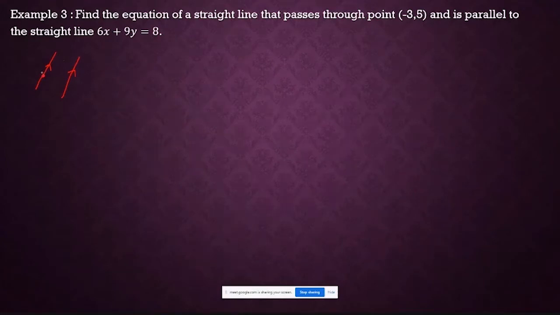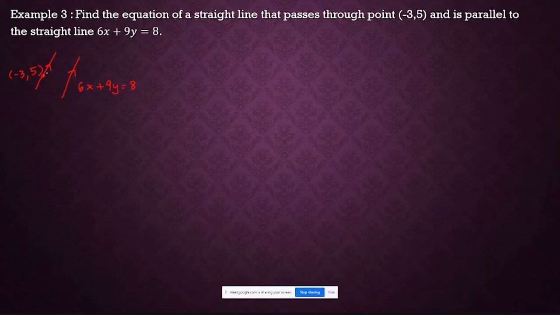Let's say this is the point, negative 3, 5, and the line is parallel to the straight line 6x plus 9y equal to 8. So the two lines are parallel.